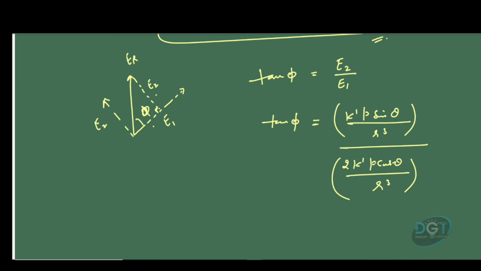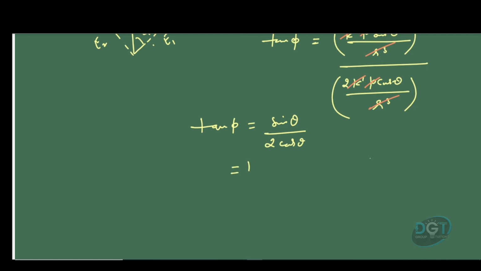Now a lot of things would get cancelled over here. r cube, k'P would cancel, and ultimately the term that we would be left with is tan phi is sin theta by 2 cos theta. So that is like half.